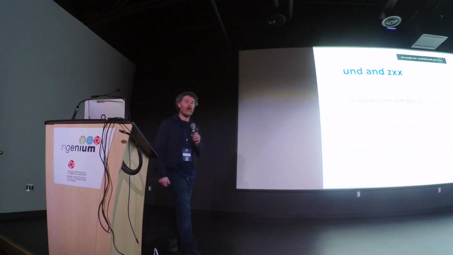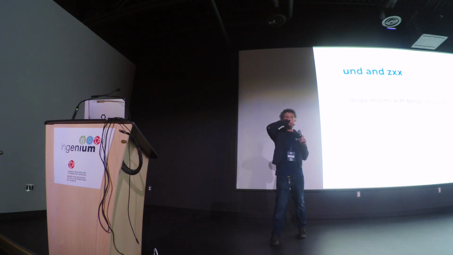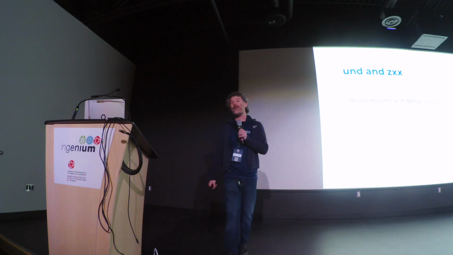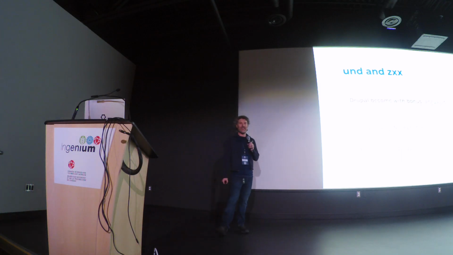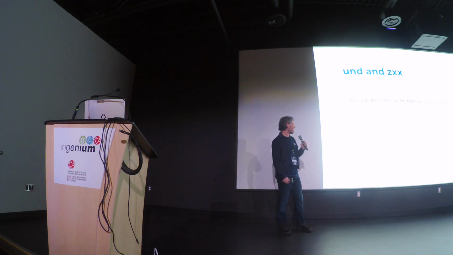All right. So even if we didn't add an extra language, you might find that Drupal comes with bonus languages, for free even. You'll see these two other languages on things. So the first language is und, and the second language is z.